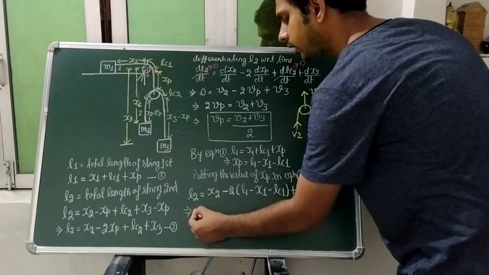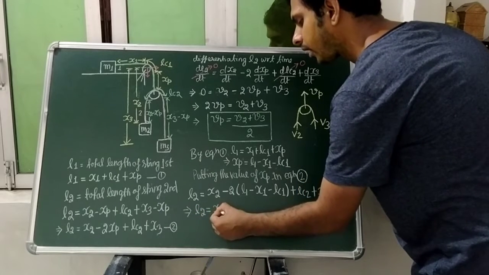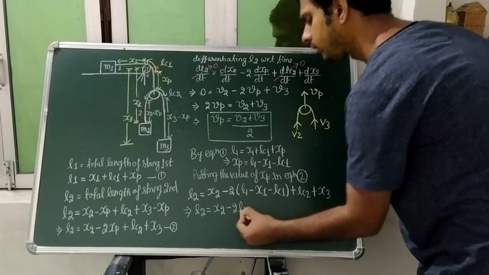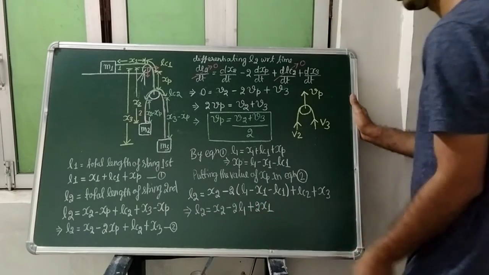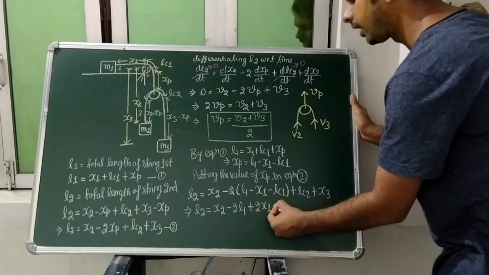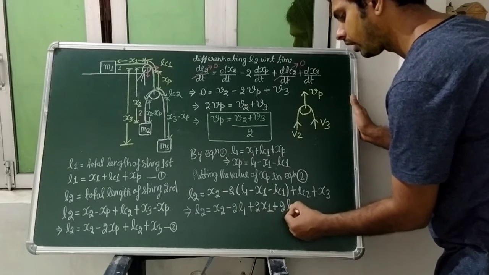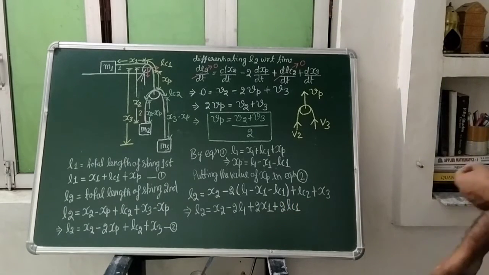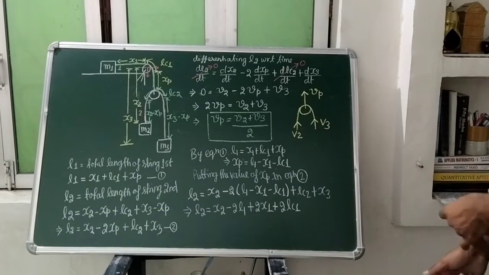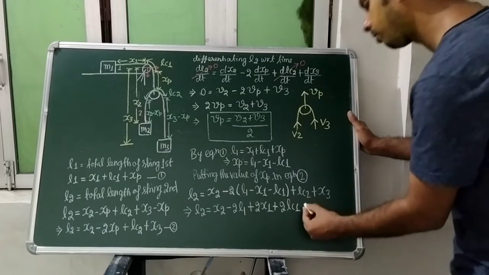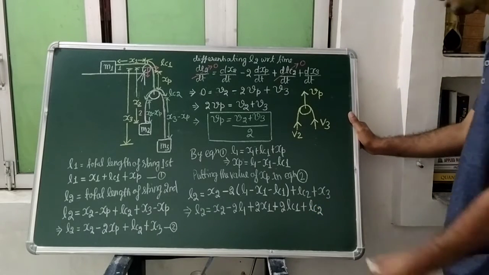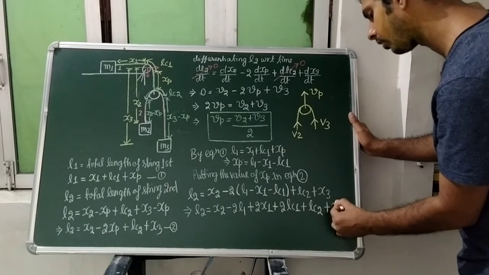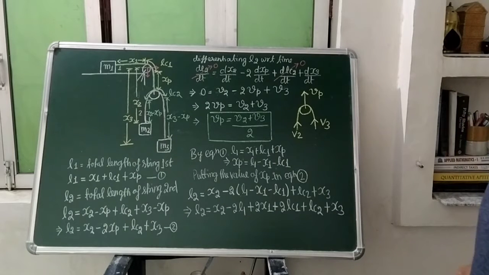So we can rewrite this in this way: L2 equals X2 minus twice L1, plus twice X1, since minus times minus will become plus, again plus twice LC1, plus this LC2 plus this X3. So we have written this.